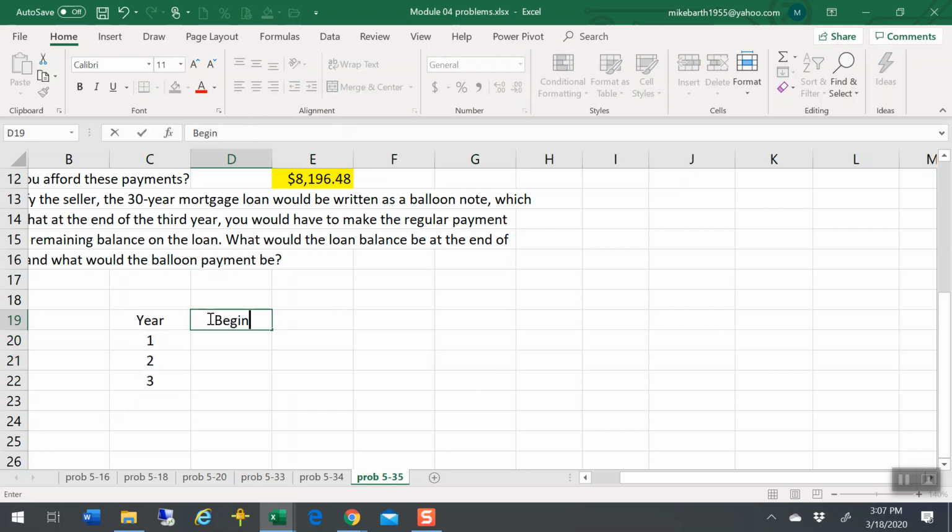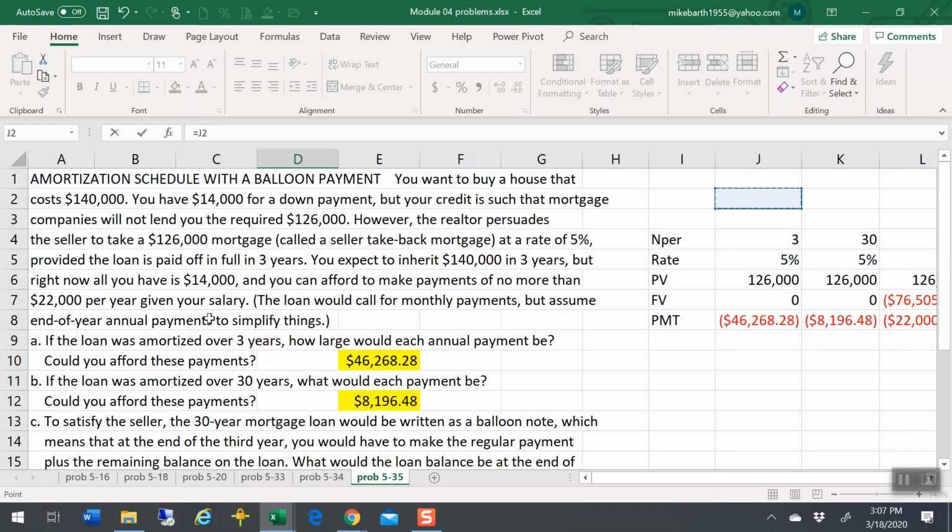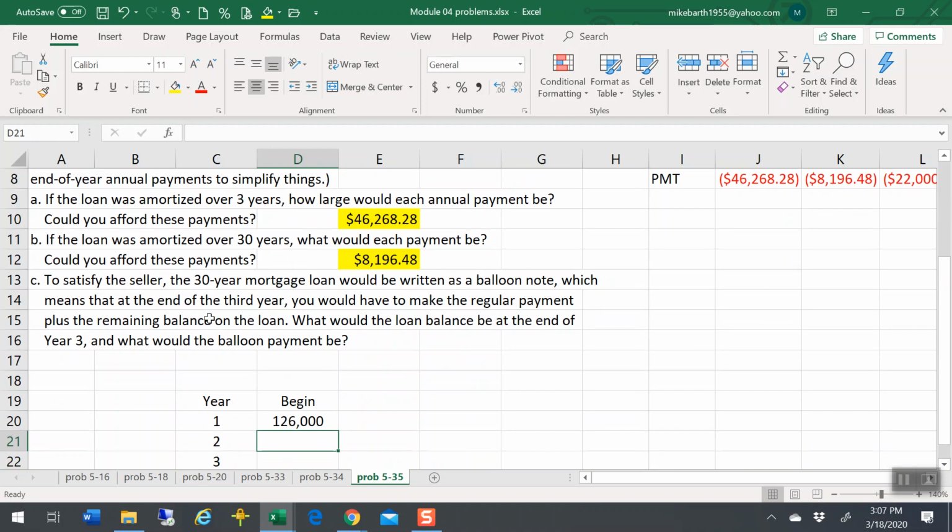The beginning balance, if I started by owing them $126,000, and then the payment would be $22,000.